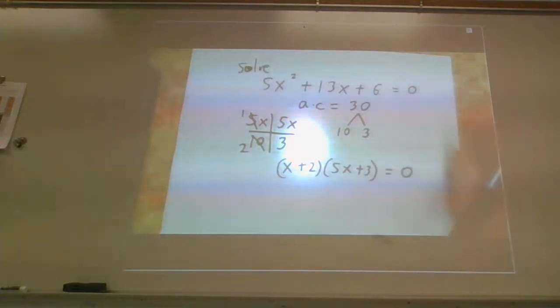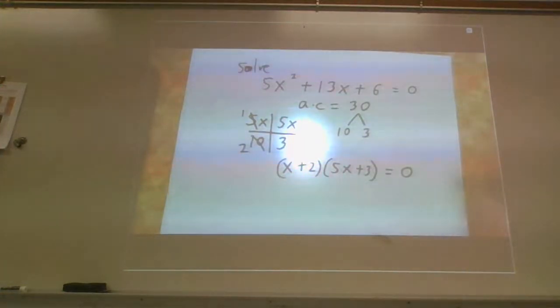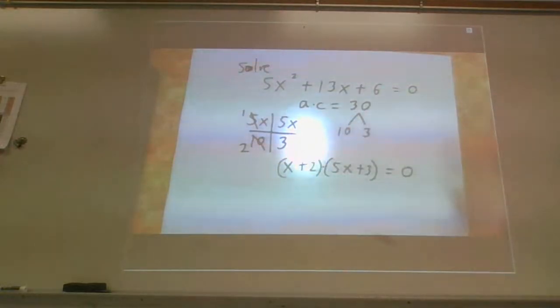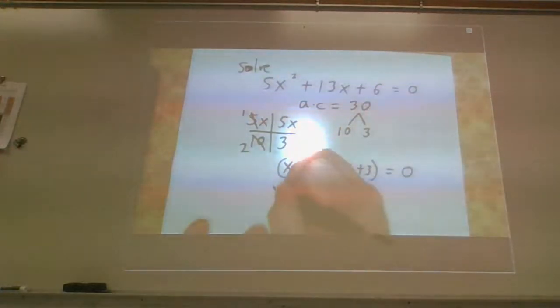But this is not where the problem in the quizzes wanted you to end. The problem in the quizzes wanted you to keep going and wanted you to solve. This is one of those properties that we have not discussed today, but we have discussed in the past, where if you have things being multiplied to give you 0, one of them has got to be 0.